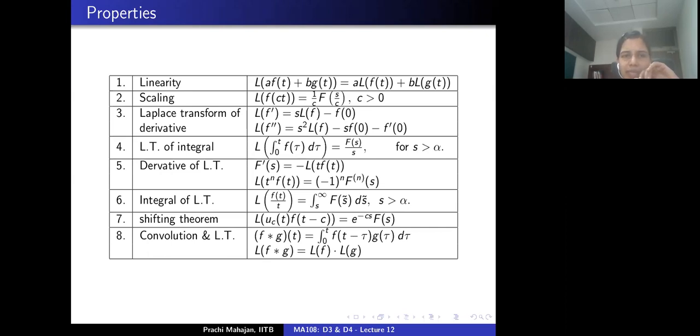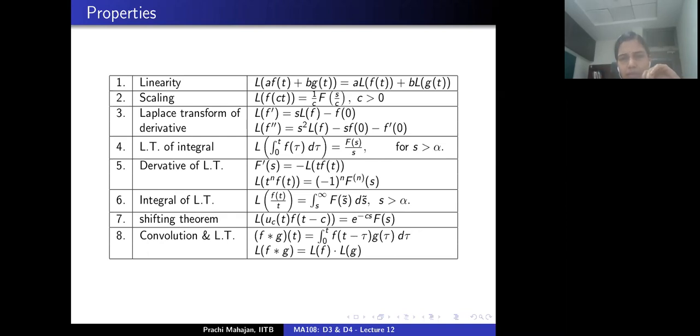Point number 4 is the Laplace transform of the integral of f. Point number 5 is the derivative of the Laplace transform: differentiating the Laplace transform corresponds to multiplying the original function by minus t.